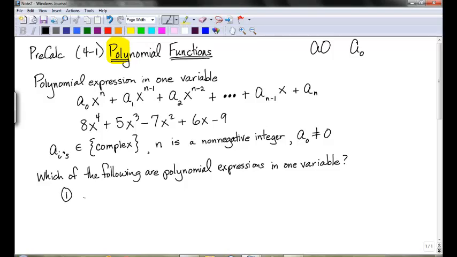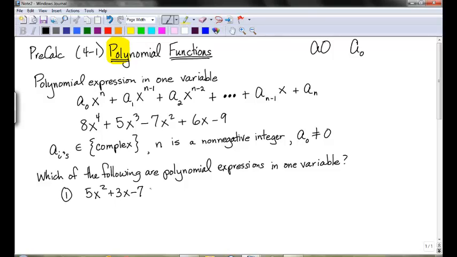Okay, an example. Say they give you 5x squared plus 3x minus 7. Okay, does that fit the definition of a polynomial expression in one variable?